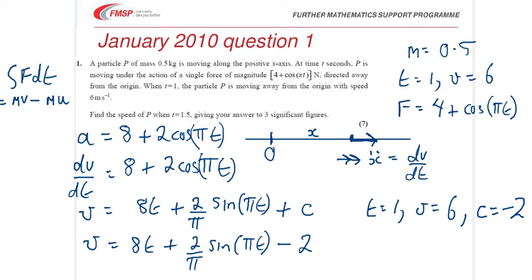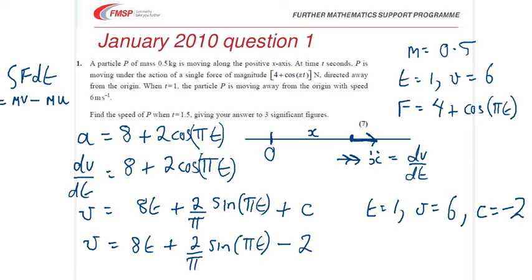Now if you have a think about it, you'll see that's exactly the same thing as what we've done here. It's only that you're integrating F instead of acceleration. So you've got the masses in there, whereas when you integrate just the acceleration, you've just got v minus u effectively, the difference in the velocities. Okay, so you could have done it that way, that would have worked equally well. Obviously the limits of integration would have been t equals 1 to 1.5.